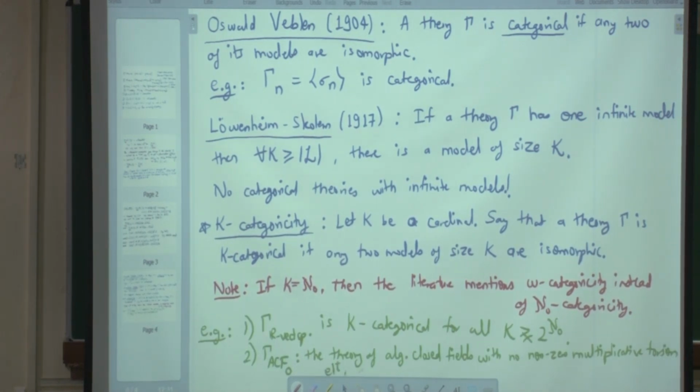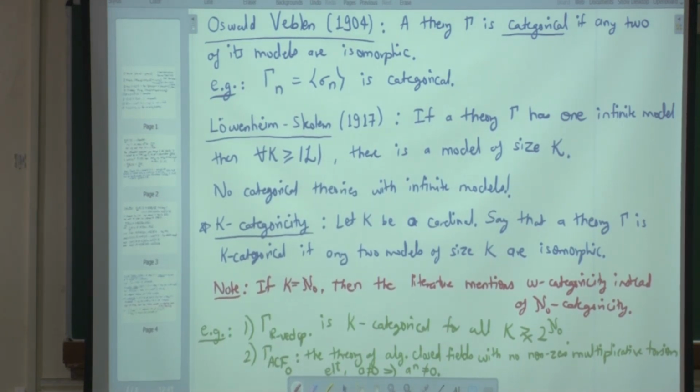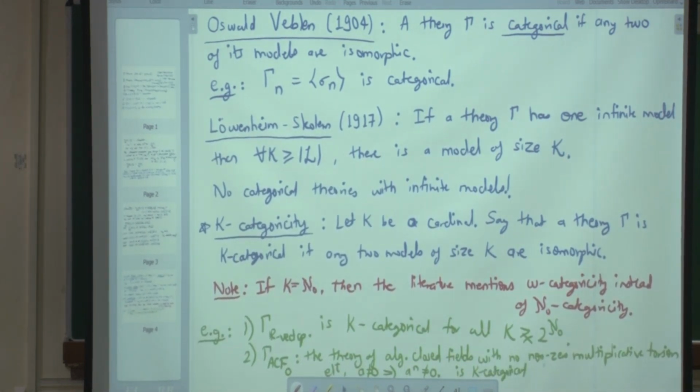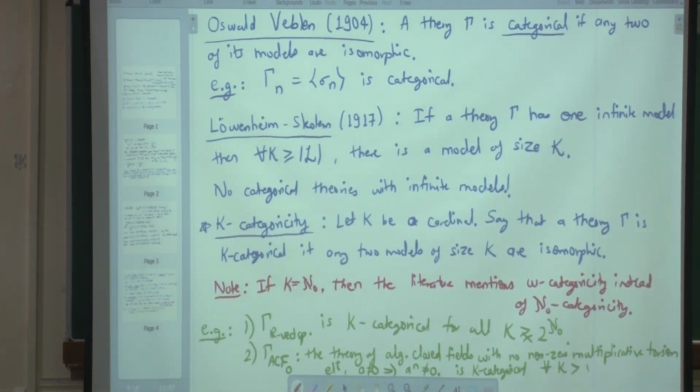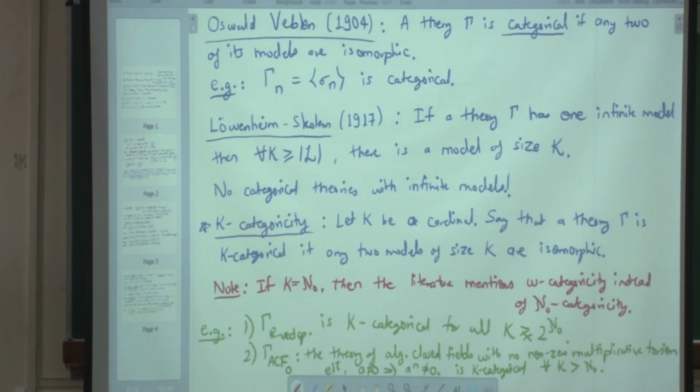What do I mean by that? That if a is not equal to 0, then a to the power n is not equal to 0. Okay, so this is what I mean. So this is kappa categorical for all kappa bigger than aleph naught. So for all uncountable cardinalities, this is kappa categorical.